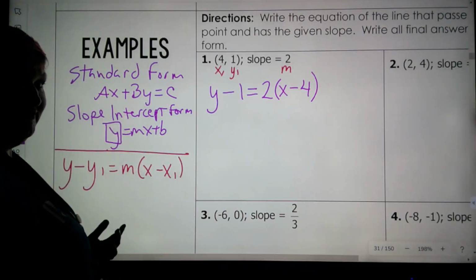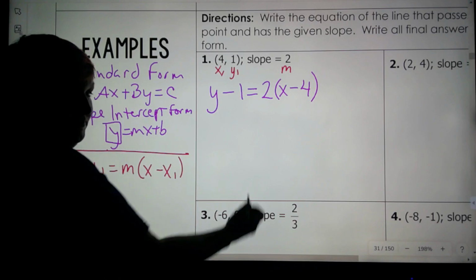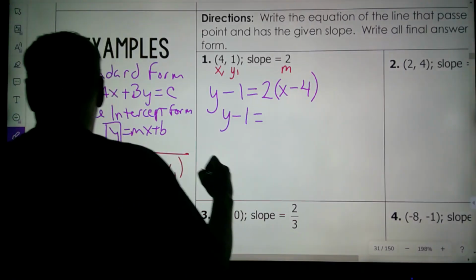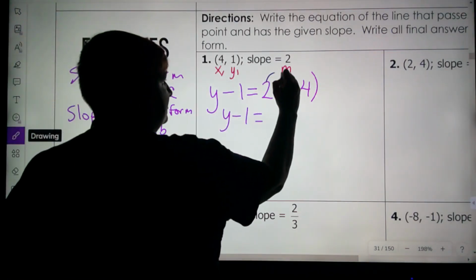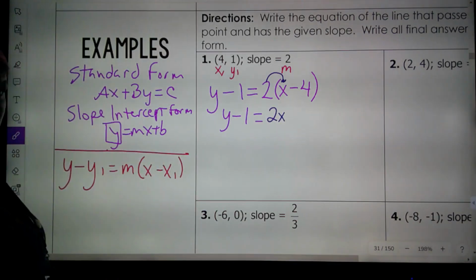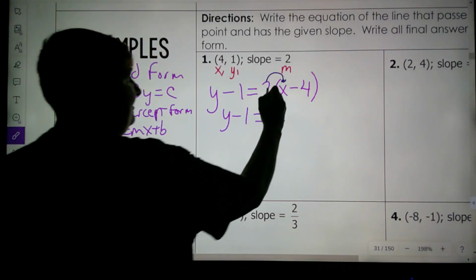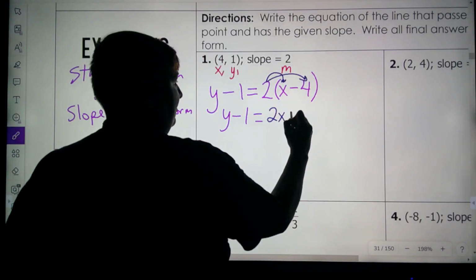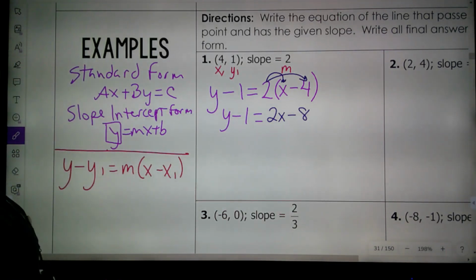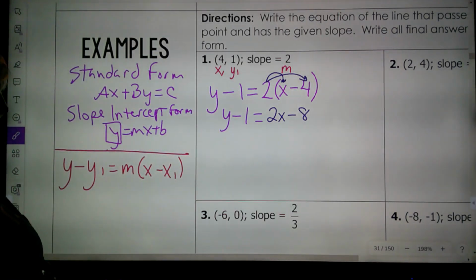We know all the parts. We know how to distribute. So it's y minus 1 equals 2 times x, which is 2x, and 2 times negative 4, which is negative 8. We got rid of the parentheses by distributing.